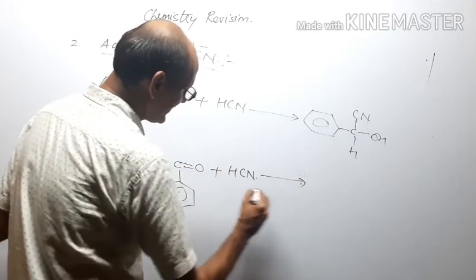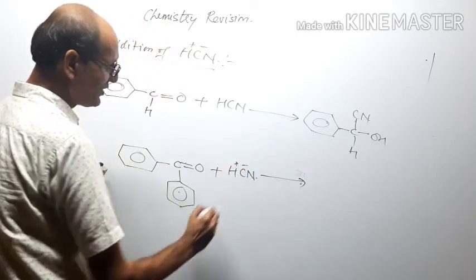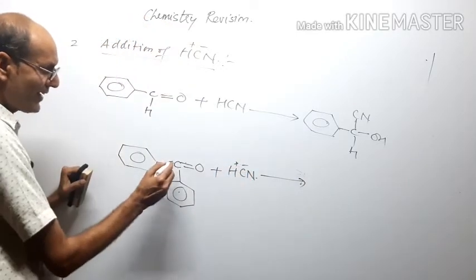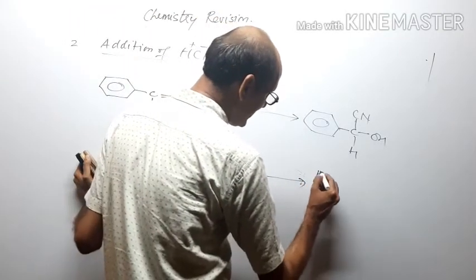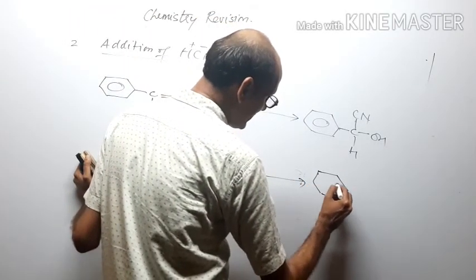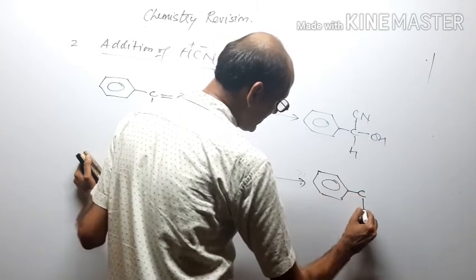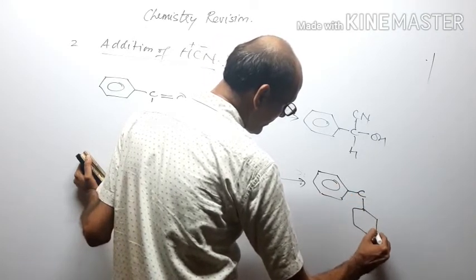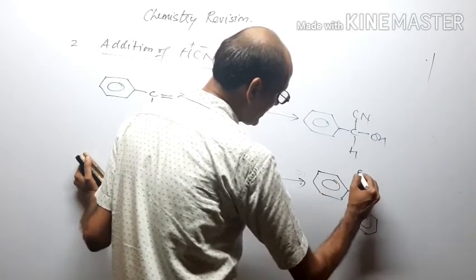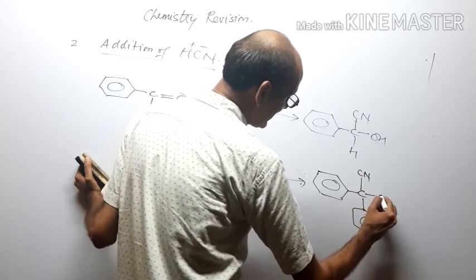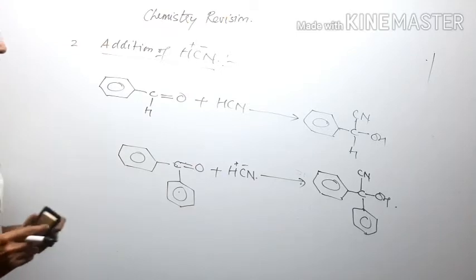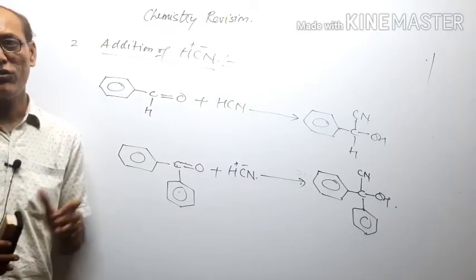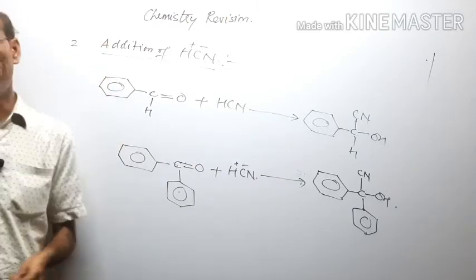So this is the positive part, this is the negative part. The nucleophile will attack this carbon and you will get ring single bond C, single bond ring, single bond CN and single bond OH. This is the second addition reaction of aldehyde and ketone with hydrogen cyanide.